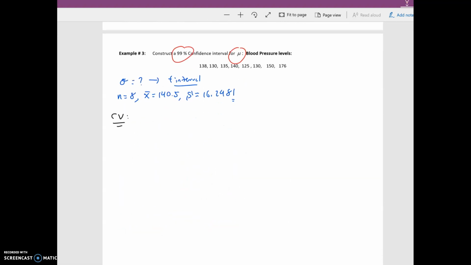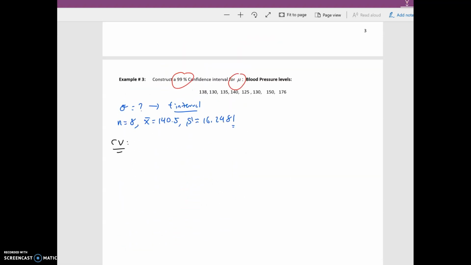So for this problem, the critical value comes from a bell-shaped distribution. This is going to be a T1 and this is going to be a T2. You're looking at these shaded regions.